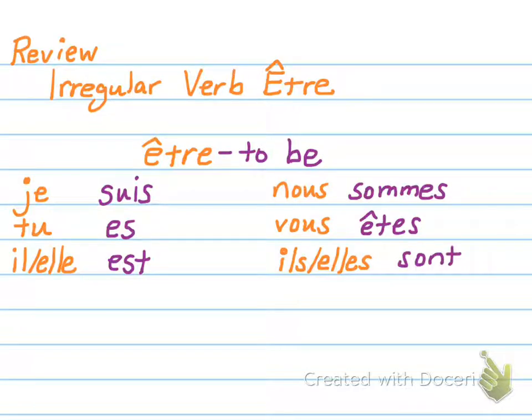S'il vous plaît, répétez: être, je suis, tu es, il est, nous sommes, vous êtes, elles sont. So again, this is the most commonly used verb in French. You're going to have to know it in French 1. You're going to have to know it in French 2. If you choose to take French 3 as an independent study, you'll have to know être then as well. It's the most commonly used verb in French.